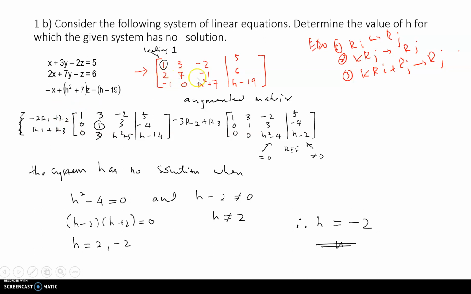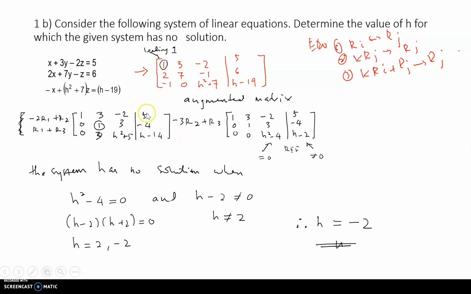So all the entries here, you apply this formula, the first formula, so there are changes in the entries. Next, negative 1: to zeroize it, apply R1 plus R3. R1 is the leading one, R1 plus R3, so you get 0 here, and the rest also apply this formula. Okay, here is the new augmented matrix.